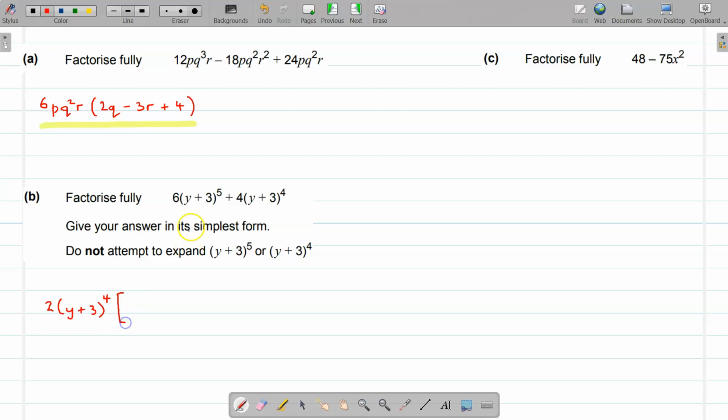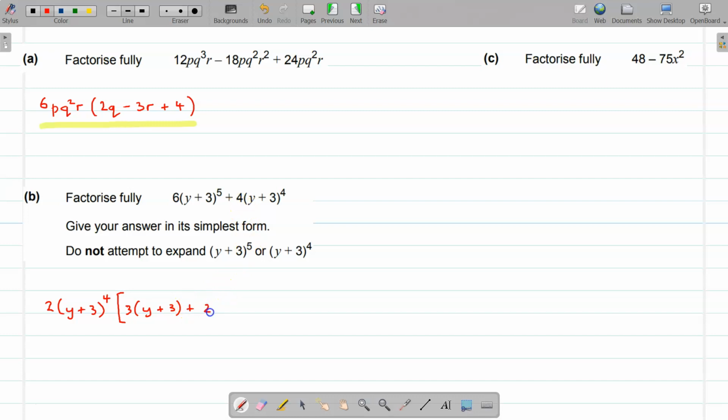Well, what's left is we've got another y plus 3 to multiply by, and we've also got a 3. So it's 3 times y plus 3, okay, because if you times 3 lots of y plus 3 by 2 lots of y plus 3 to the 4, you're going to get 6 lots of y plus 3 to the power 5, which is this bit here. But we've also got this bit to deal with. Well, we've got 2 lots of y plus 3 to the 4 outside. We've now got to make it into 4 of them, so we just need to double it.